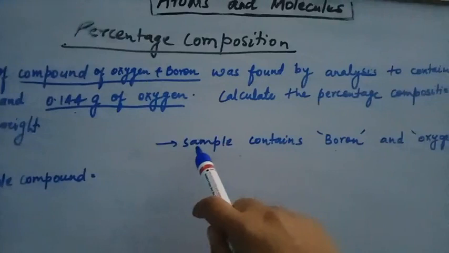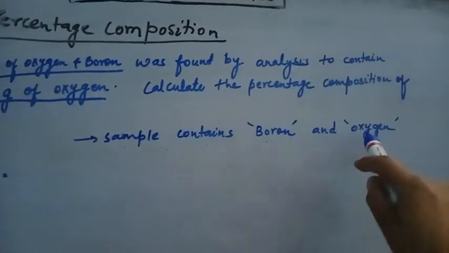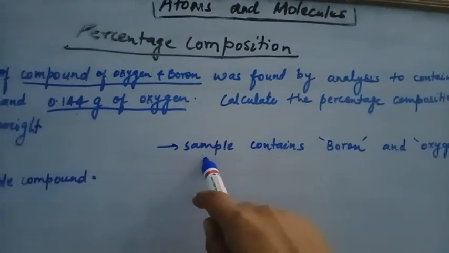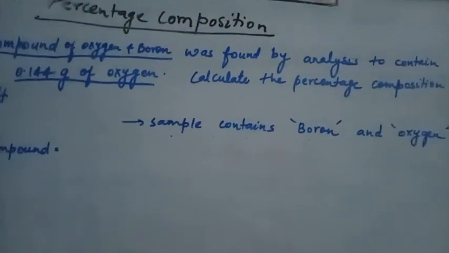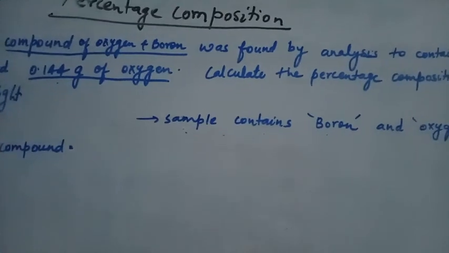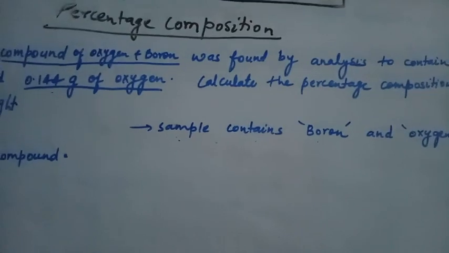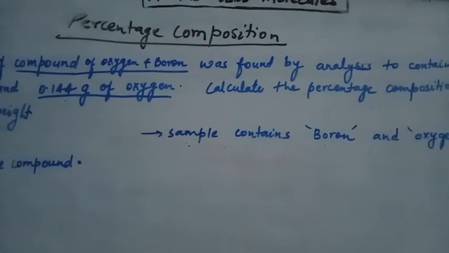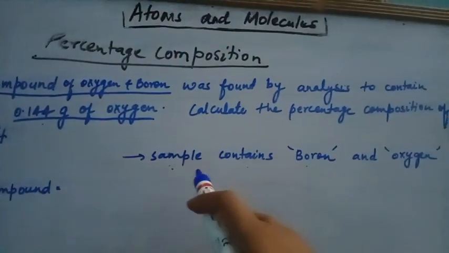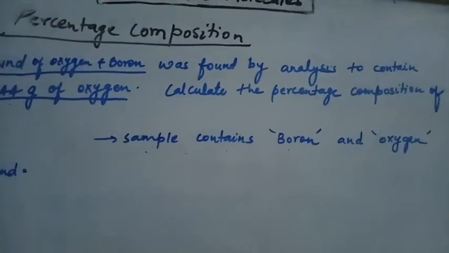So first we have come to know that the sample compound contains boron and oxygen. That means the sample is a compound of boron and oxygen. In the question, you can see that the name of the compound is not given. It is just giving us the hint that the sample is a compound which is made up of boron and oxygen.